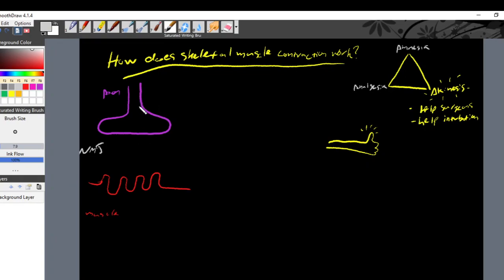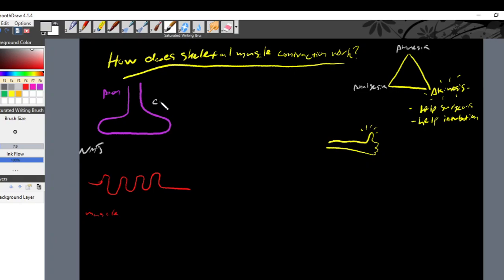So what your motor end plate is going to do is send signals or molecules to the muscles, and that is going to cause excitation of the muscles and eventually lead to muscle contraction. How is it going to do that? So we're going into the mechanism of how muscle contraction occurs.